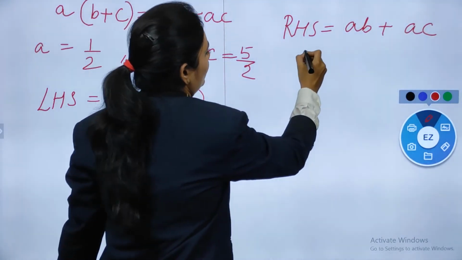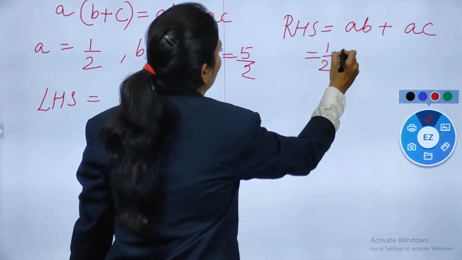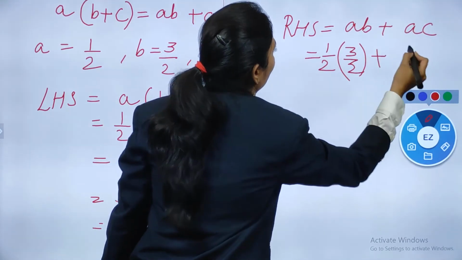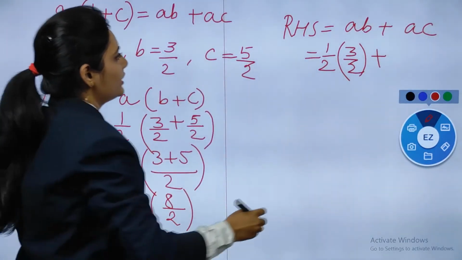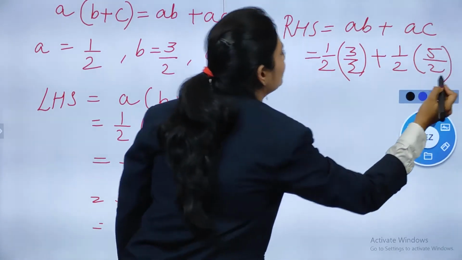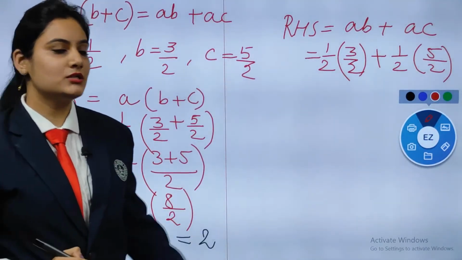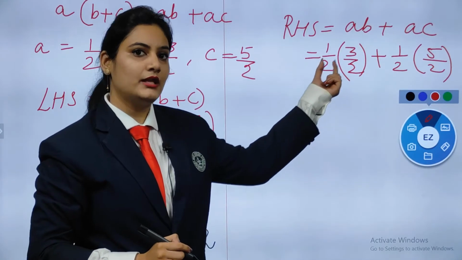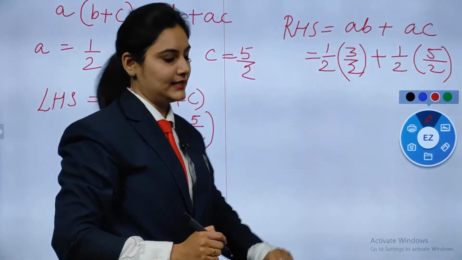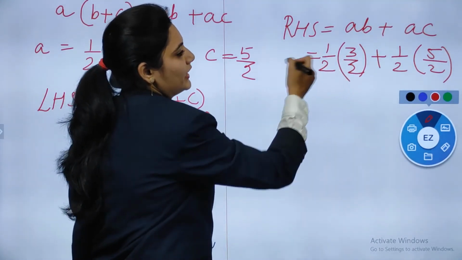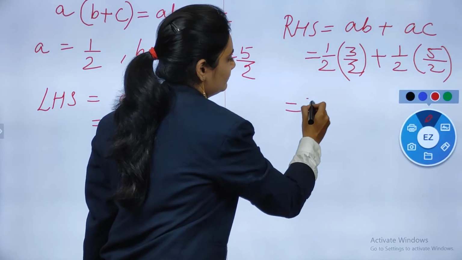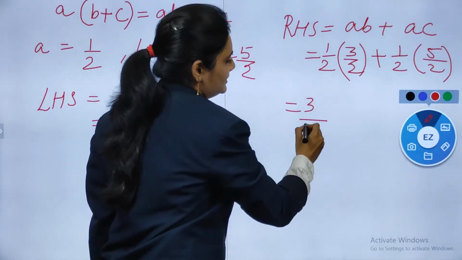Now a is 1 upon 2 and b is 3 by 2. a is 1 by 2 and c is 5 by 2. Now what will you do? First you will solve the first term, then you will put the addition sign, then you will solve the next term. These two are in multiplication, so 1 into 3 is 3, 2 into 2 is 4.